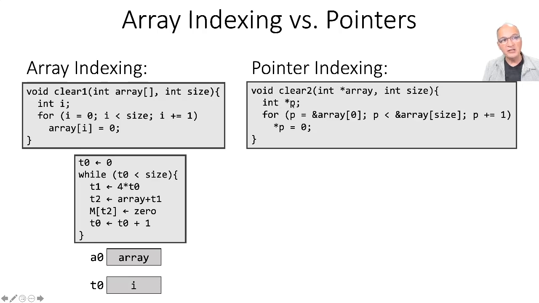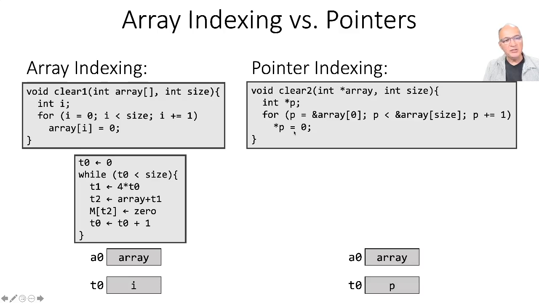In this case, this pointer points to an integer. We are in a 32-bit architecture. We know that an integer is 4 bytes. So the compiler will automatically replace, when generating the code, this increment by 1 with an increment by 4 to make it correct. And inside the loop, all I need to do is to say that the memory position that's pointed to by P should receive the value 0.